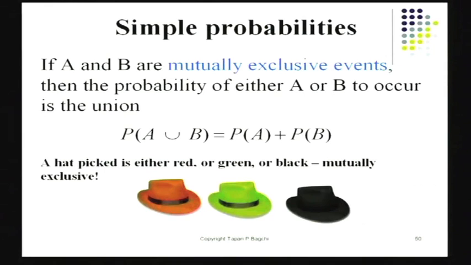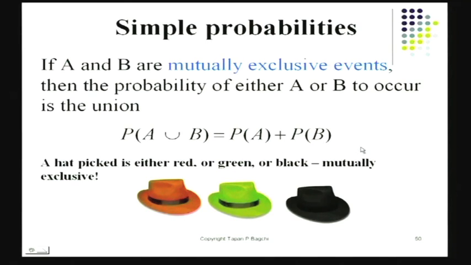What is the chance that you'll be picking up a green or a red or a black? They are mutually exclusive. It will all depend on the fraction of red being there, or the fraction of black, or the fraction of green hats in that basket where all these hats are put. And in fact, whenever you've got mutually exclusive events, the union will turn out to be the sum of the probabilities of these two.